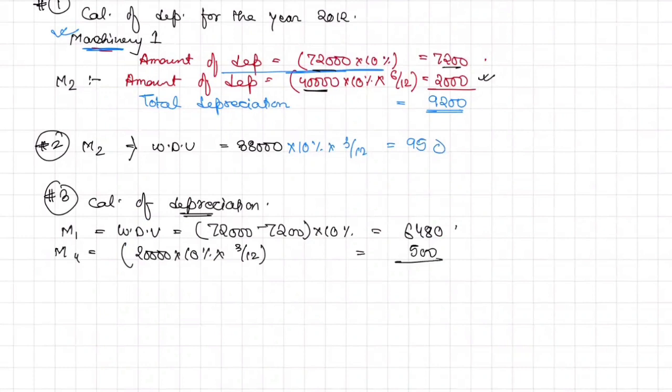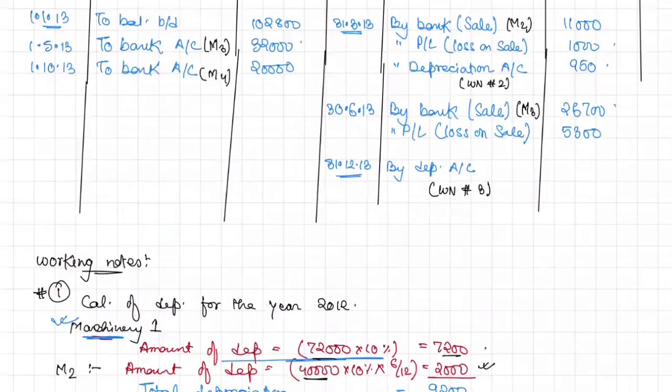So 500 plus 6,480 is 6,980. So this is the total depreciation, 6,980.